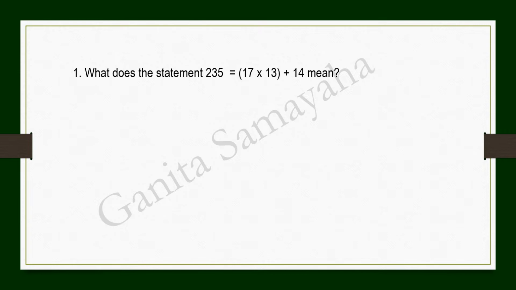Primarily, we need to identify what all these stand for. 235 is the dividend, 17 is our divisor, 13 is the quotient and 14 is the remainder. Once we identify this, it is in the form of Euclid's lemma, isn't it, children? We will be able to write the statement.